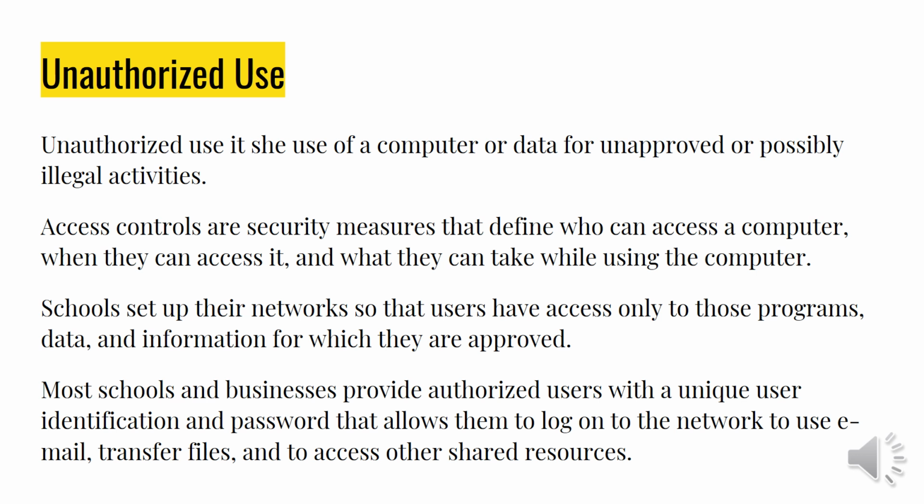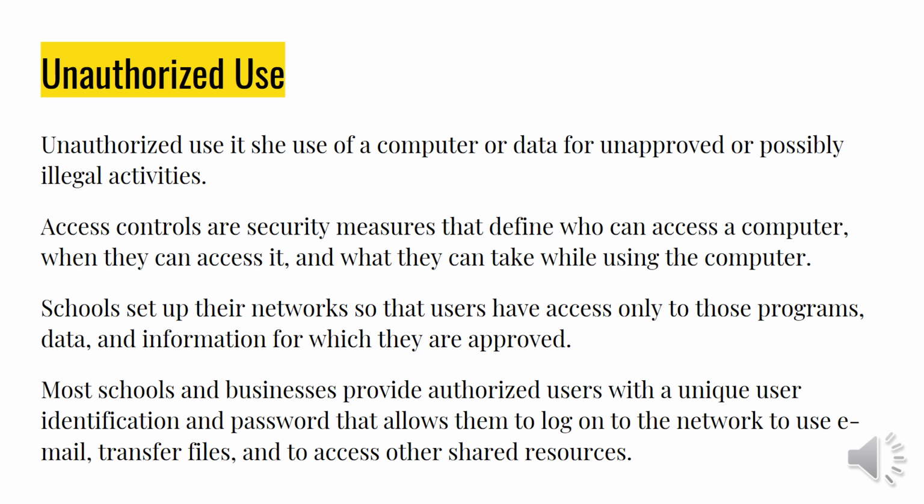Unauthorized use is the use of a computer or data for unapproved or possibly illegal activities. Access controls are security measures that define who can access a computer, when they can access it, and what they can do while using the computer.